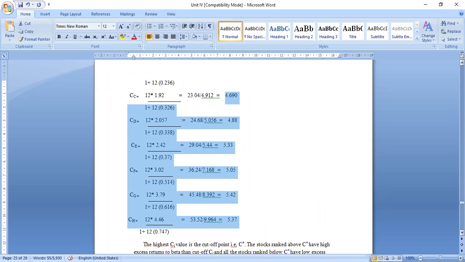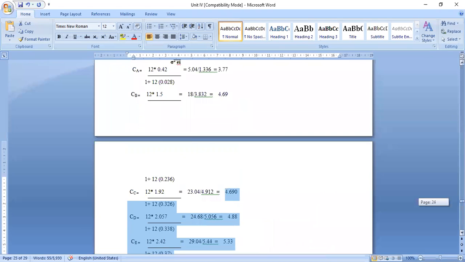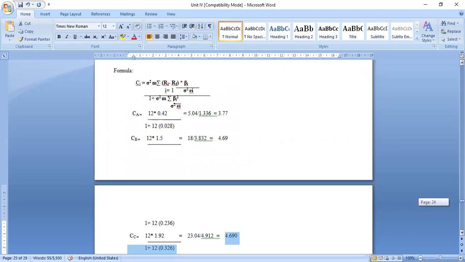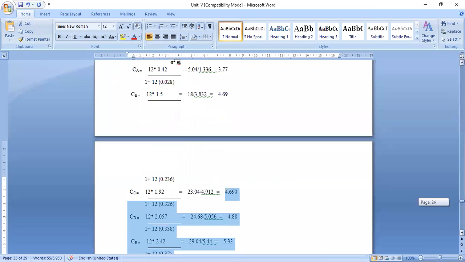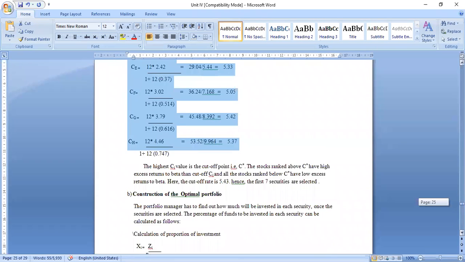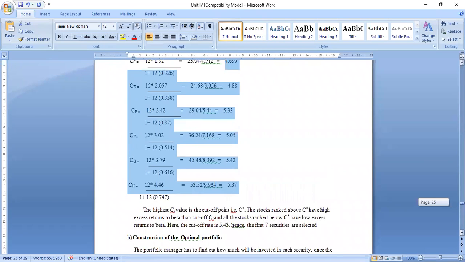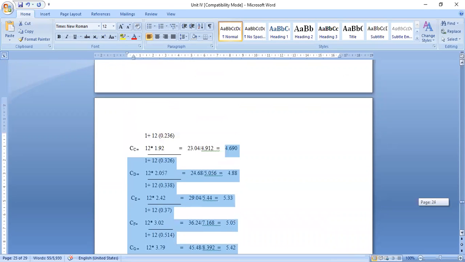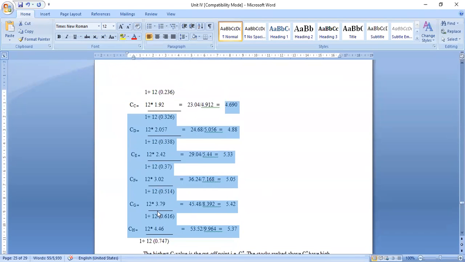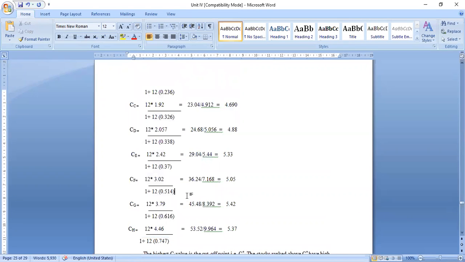Now what is the important aspect here? How do we find the cutoff? We are given CA and CB, 3.77 and 4.69. Based on these values, the highest Ci value is the cutoff point, which is named as C star. Now when you see all these values, the highest value is for security G, that is 5.42.